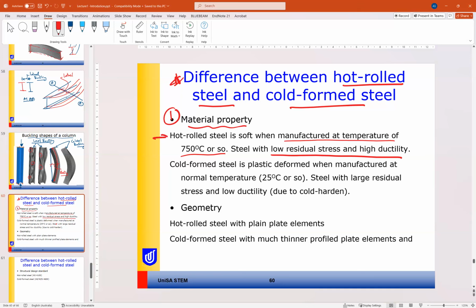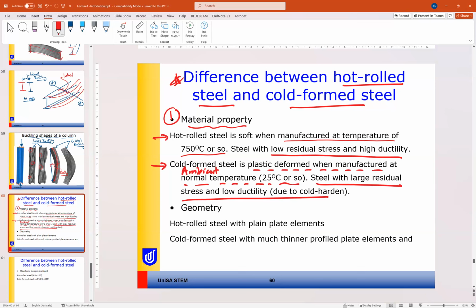For the cold formed steel, it is plastically deformed when manufactured at normal or ambient temperature, or room temperature. In this case, the steel will have large residual stresses and low ductility due to cold hardening.